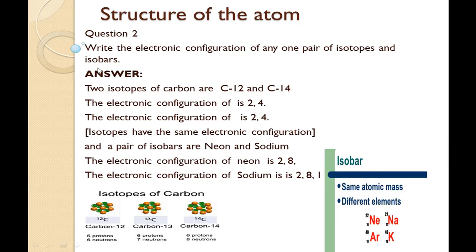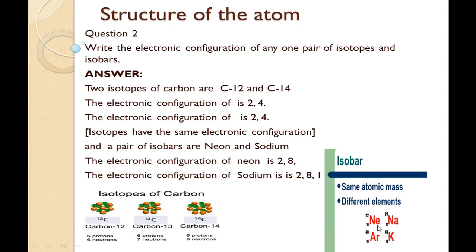And isobars are also there. What are isobars? Isobars are atoms of different elements. Therefore, their atomic numbers also will be different. You know that atomic number is unique for each and every element. Now, for isobars, a lot of examples are there. 2 are given here.